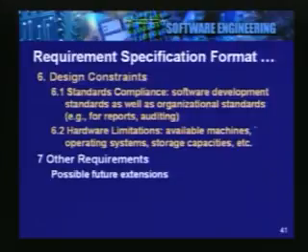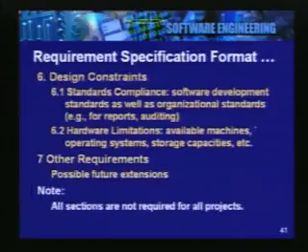And finally, we state any other requirements, possibly mention here the future extensions for the software. Now, this is the overall format for the SRS document, which is giving a complete specification of the software in terms of what it would contain.